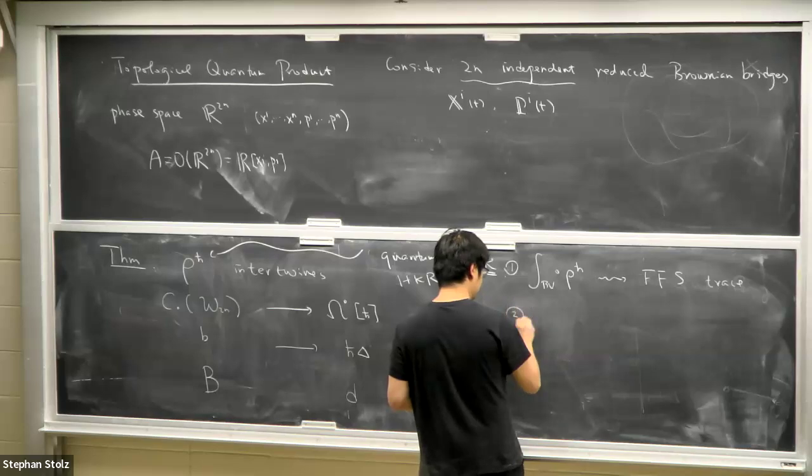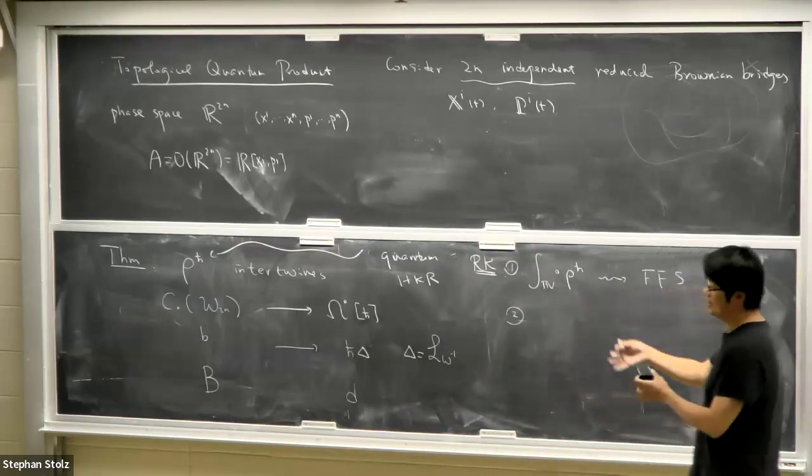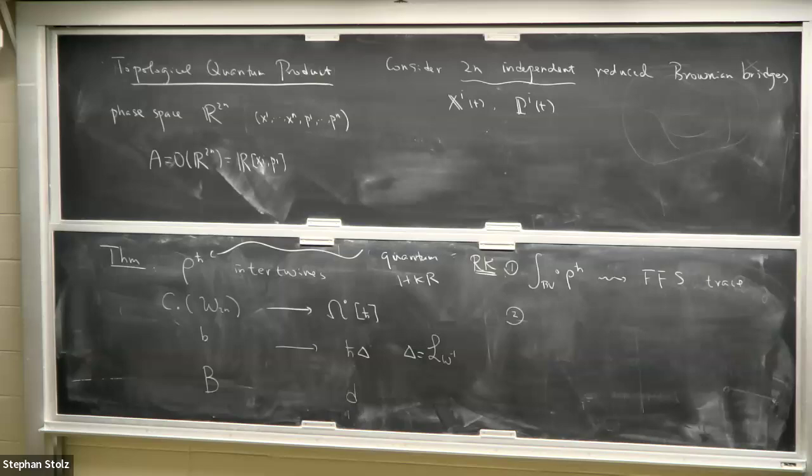I only explained the simplest case, when the phase space is R^2n. But actually, you can glue this construction on symplectic manifolds.